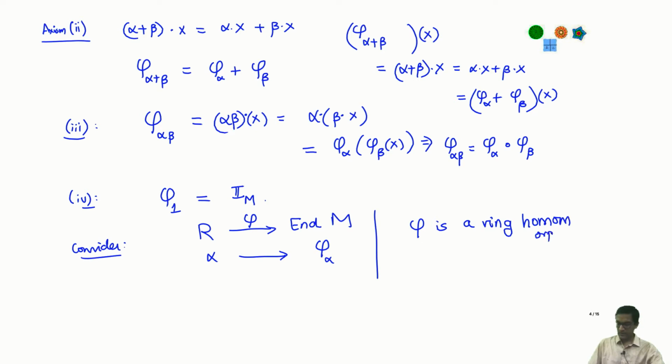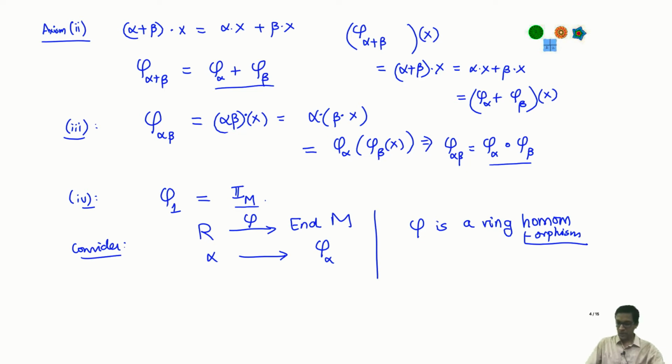Why is that? Well, because the operation of addition in this ring End M is exactly this pointwise addition. The operation of multiplication in this ring is exactly this operation of composition, and the identity in this ring is exactly this map identity M. So these three axioms just say that this map phi is actually a ring homomorphism.